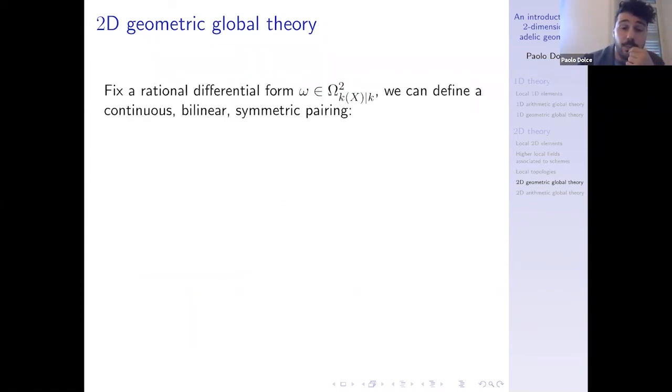So here, what happens is that you have a rational differential form. You can define a pairing from the adeles to the base field K. And this pairing can be obtained by taking the residue and composing with the multiplication.